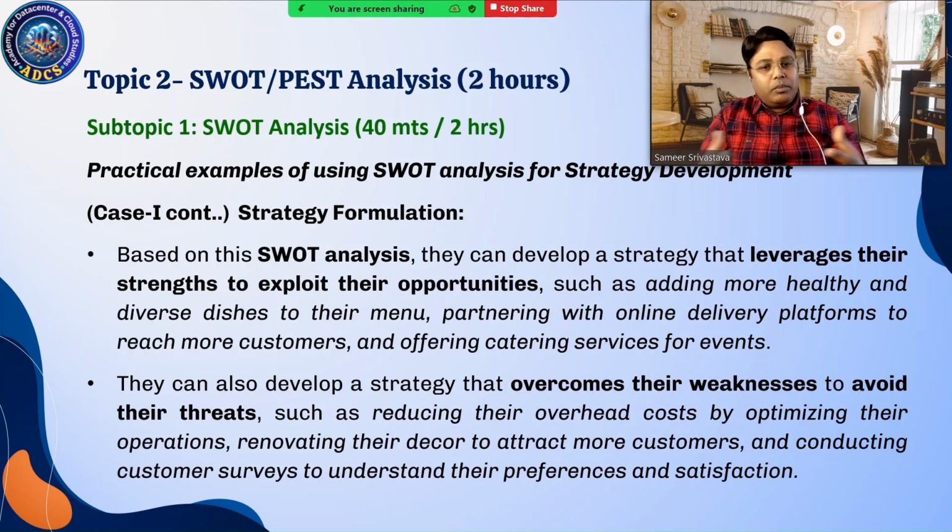They can also develop a strategy to overcome weaknesses and avoid threats, such as reducing their overhead costs by optimizing their operations, and renovating their decor, making a good ambience for people who physically visit the restaurant to attract more customers, having some paintings, some feel-good lighting, all these things.